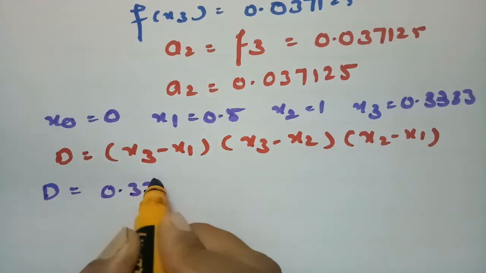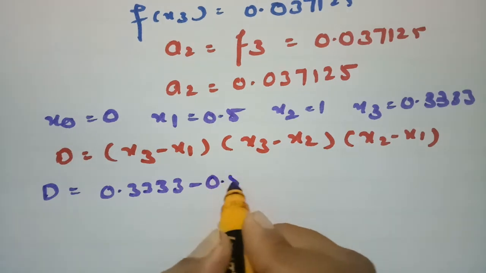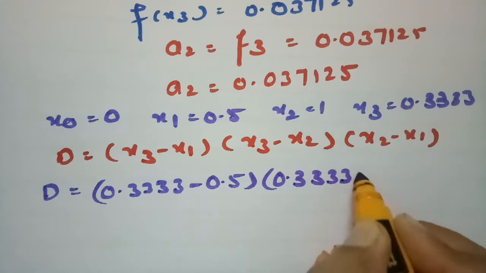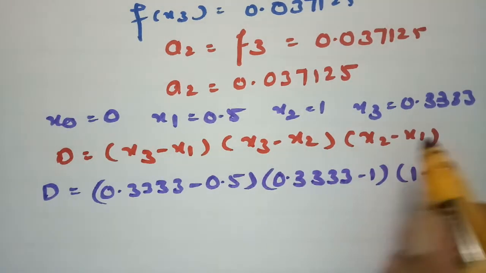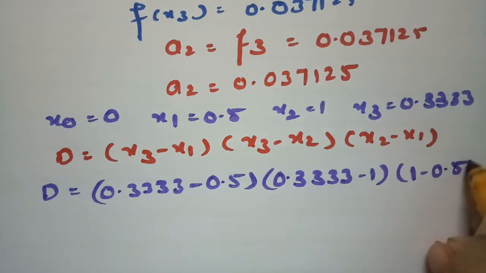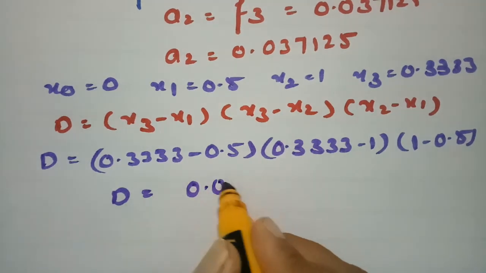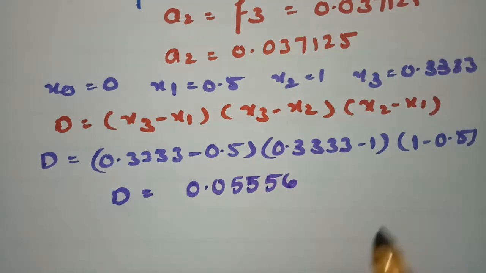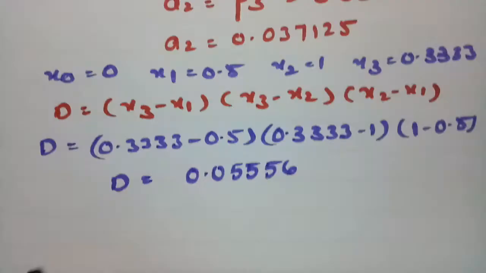That is 0.3333 minus x1. What is x1 here? This is 0.5, and the next x3, 0.3333 minus x2 value is 1. What is x2? This is 1 minus x1. x1 is 0.5. So you can use your calci, and our d value is nothing but 0.05556. So we got the value of d, and again, as we have a2 value, we need a1 value.